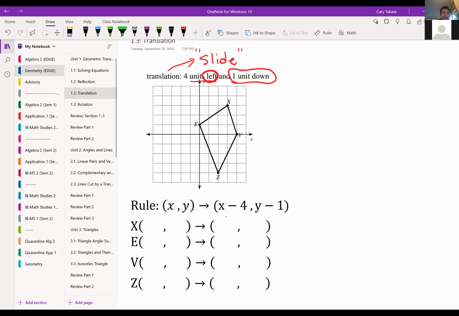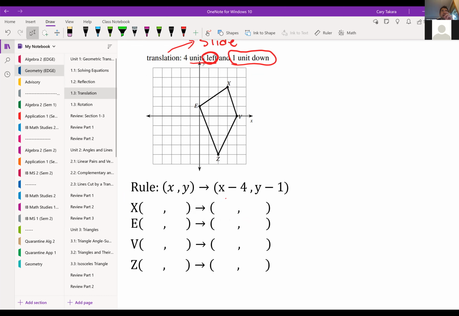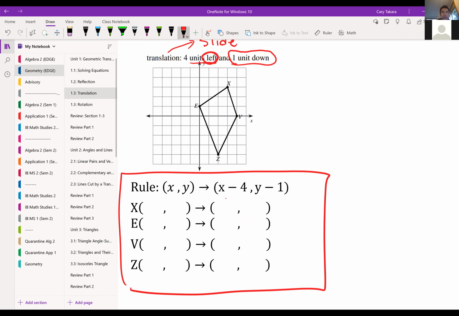Now, just like yesterday for reflection, we're going to figure out the coordinates. So let's just write down the coordinates right here. I know it takes some time to do the diagram, so let's just focus on the coordinates, okay?